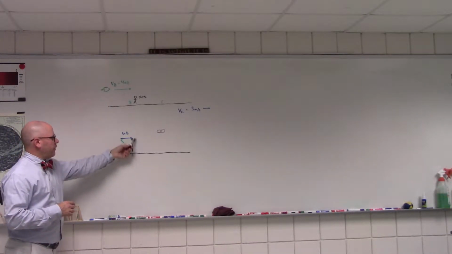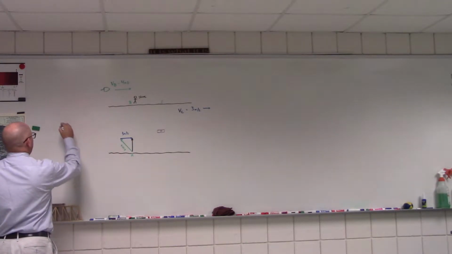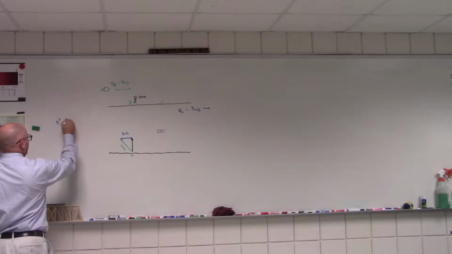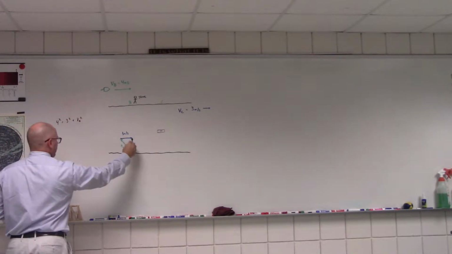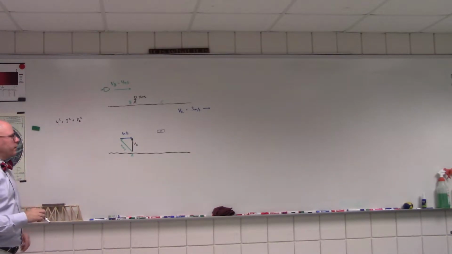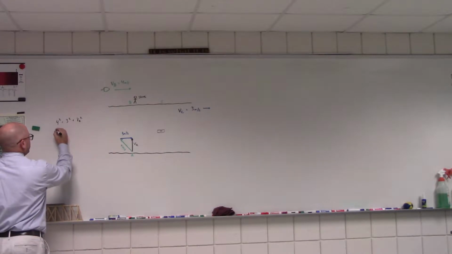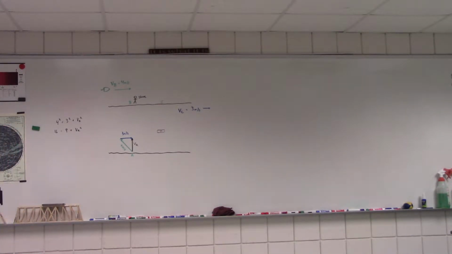So when I go to solve for my resultant speed here, I know that's dr, for resultant velocity. So this is 16, 9 plus dr squared. 16 minus 9, how about 7?